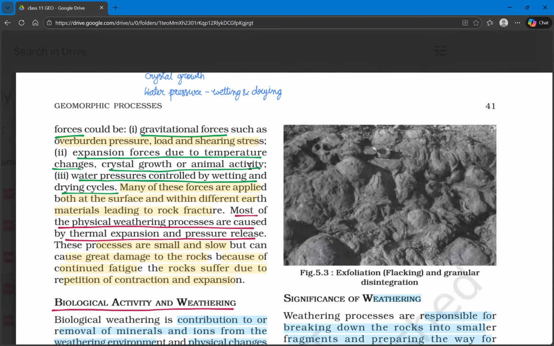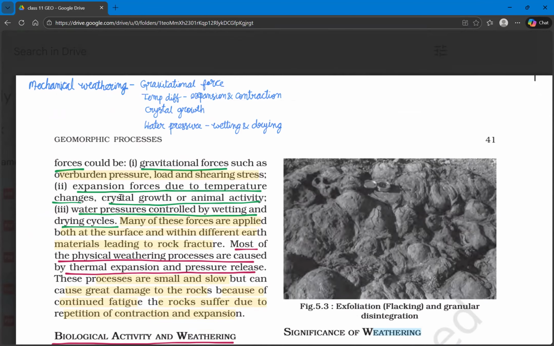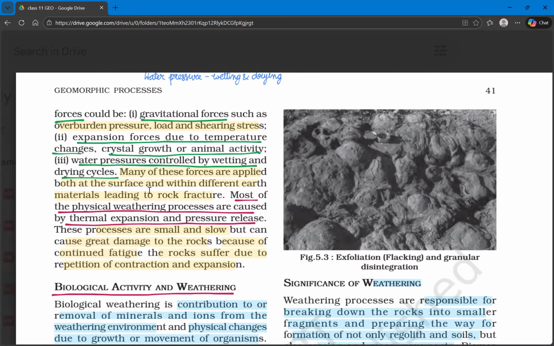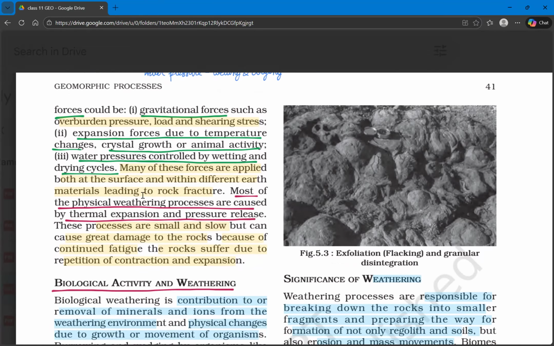So what are the expansion forces? They are due to temperature changes, crystal growth, or animal activity. Whereas water pressure, how can water put pressure on the rocks? Either by wetting or drying cycles. Many of these forces are applied both at the surface and within different earth materials, leading to rock fracture. So what happens with these mechanical forces?